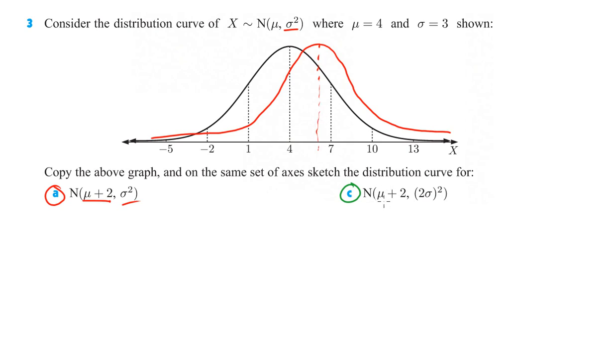So it's still going to be right here at the mean plus 2, at 6, but now the data is going to be a lot more spread out. Oops, that was not a good one. So like so, and like so. Okay, so that would be C.